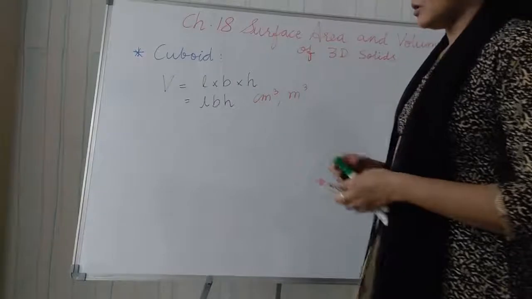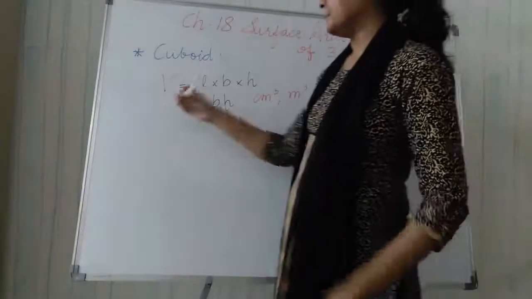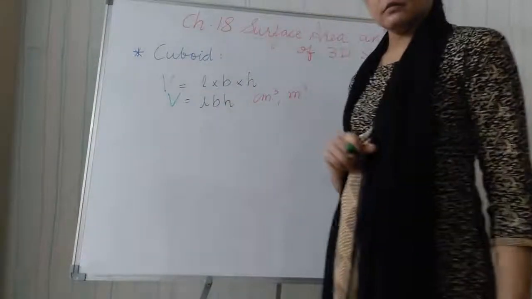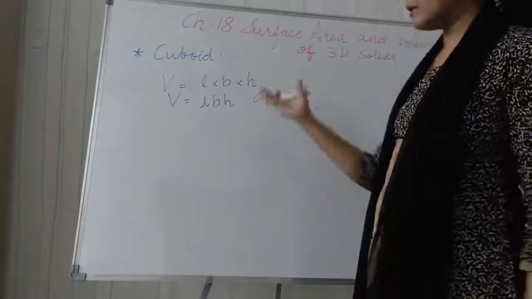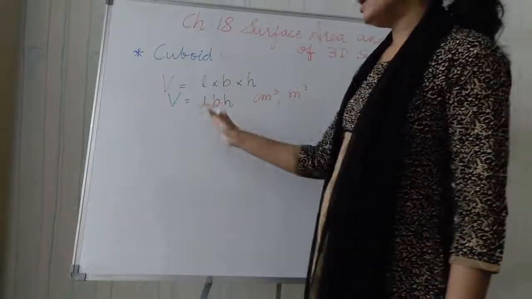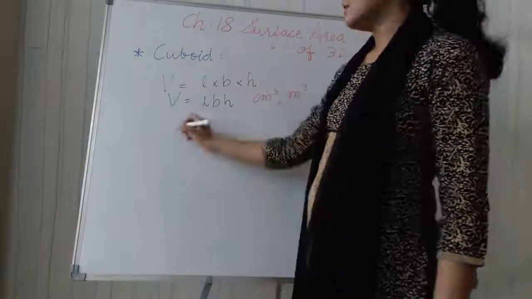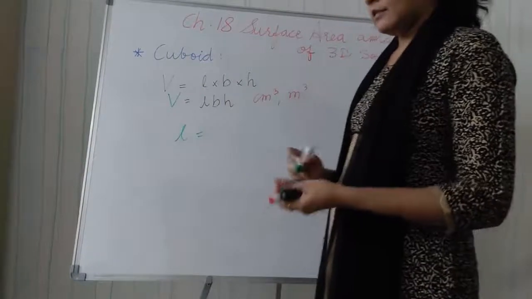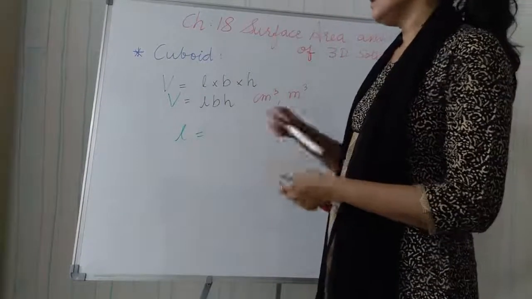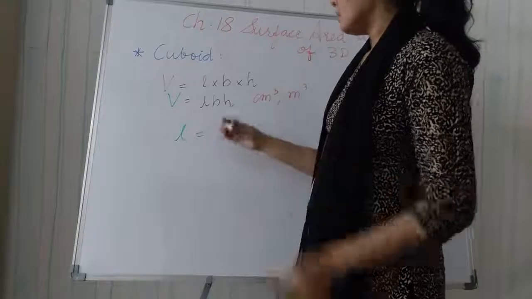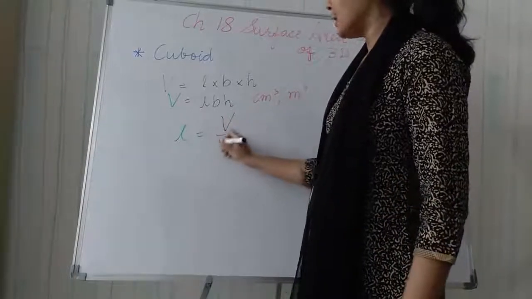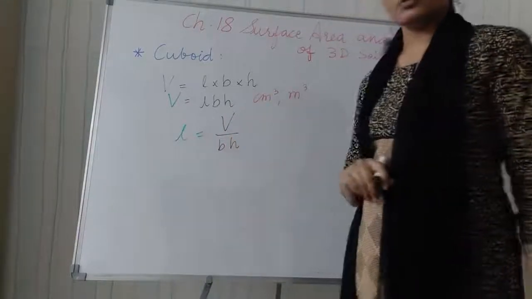Now sometimes in the question you are asked to get length. Volume is already given, breadth and height also given, only you are asked to get length. So we can write length as volume divided by breadth and height, BH.